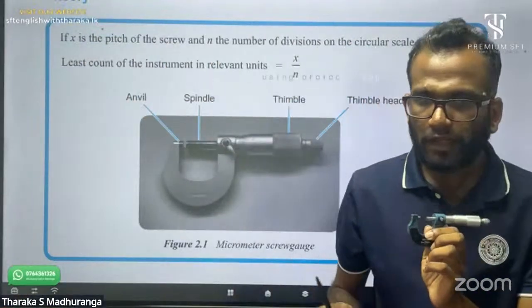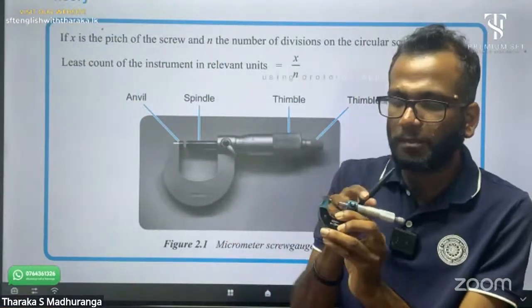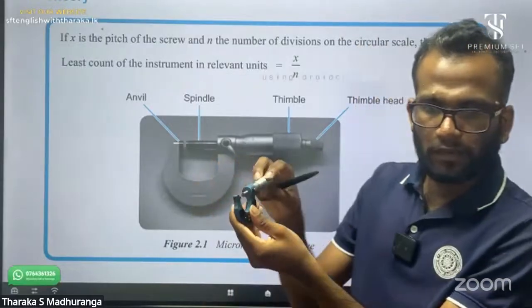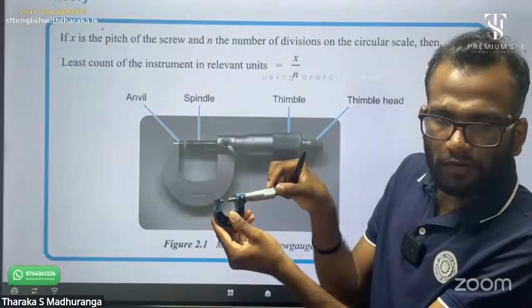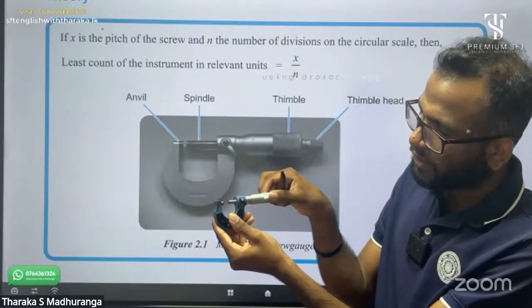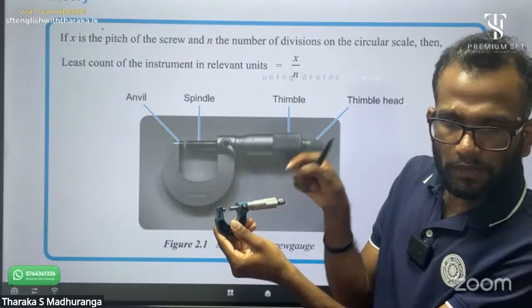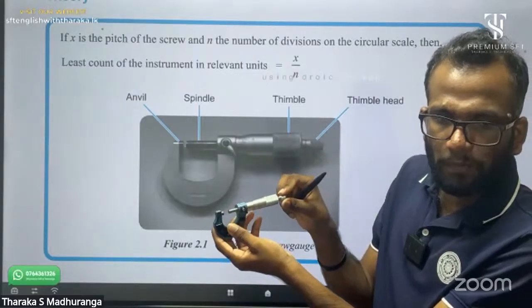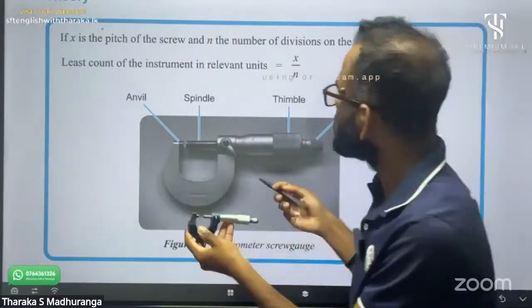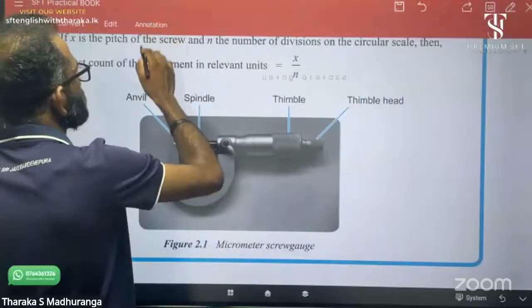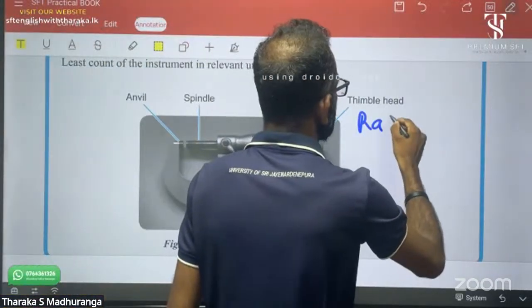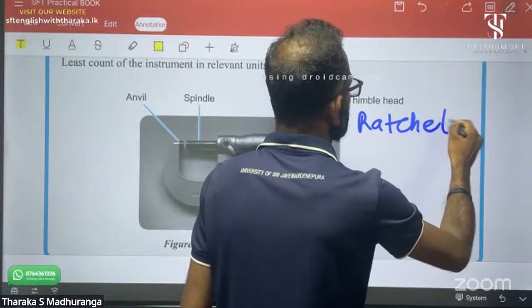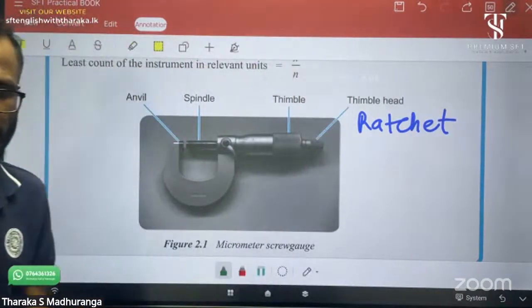Anvil, spindle. And this is the thimble, the rough solid cylinder. This is the thimble, and this small part is the thimble head. There is another name: it is the ratchet.